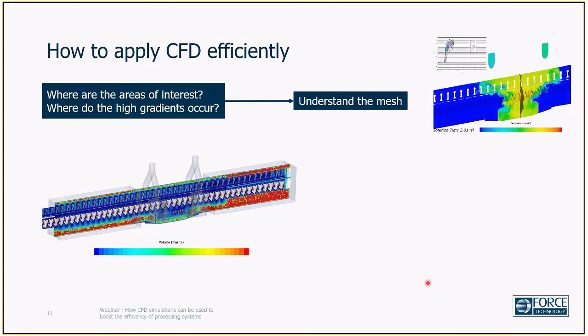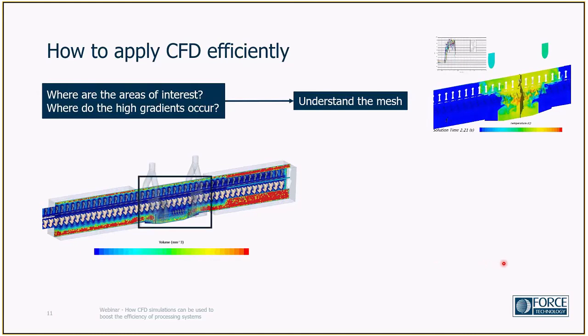So we can see that the smallest cells are located both around the disinfection chamber here and around the chickens, which are our area of interest. And all the rest here and here and here and here, it's everything with a higher cell size.